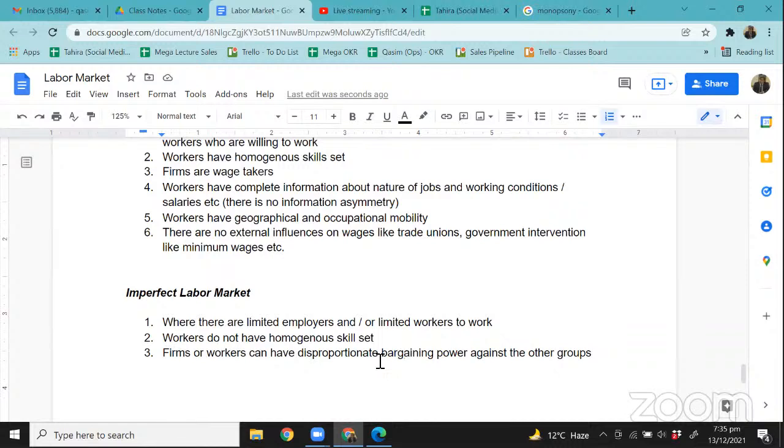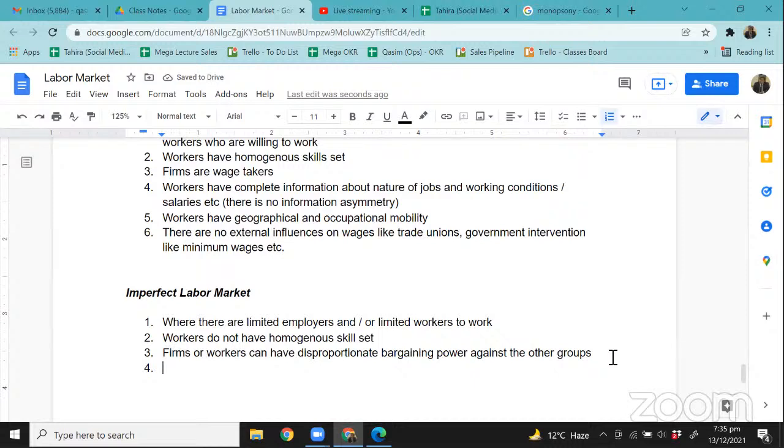The trade union will go on a strike where all workers go on strike because their demand for wages was not accepted, and that will obviously put pressure on the company to accept their demands, right? But sometimes it's also the other way around. How is that the other way around? Firms have more bargaining power. So for some reasons, firms have more bargaining power, which means that they can afford to pay workers less than what they should pay, and we'll also talk about that case as well, right?